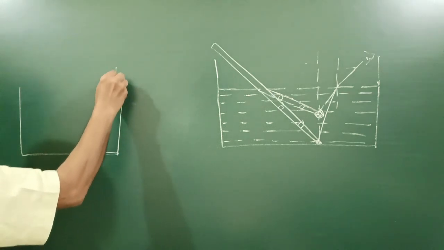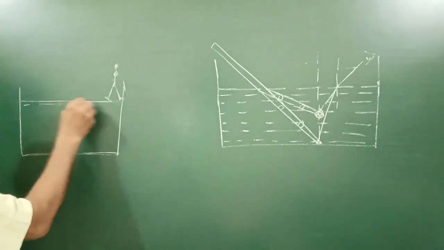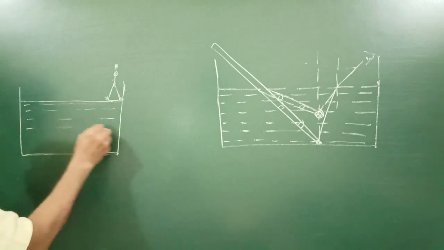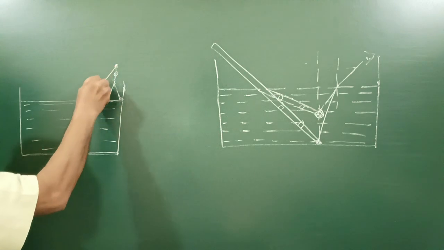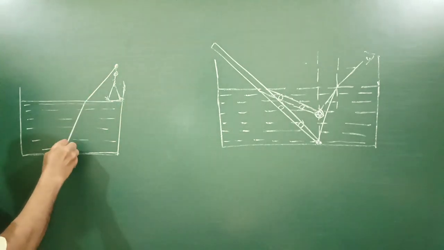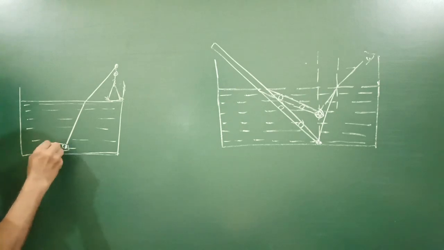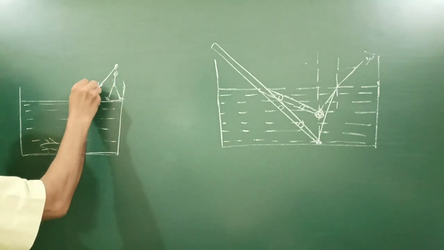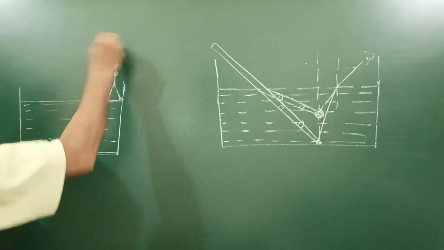Suppose it is some sand. There is a fish, and actually light will come like this, bending towards the normal. Here is the eye of the fish. For the fish, light appears to come from this point. So the person appears taller.